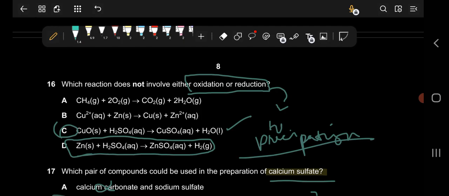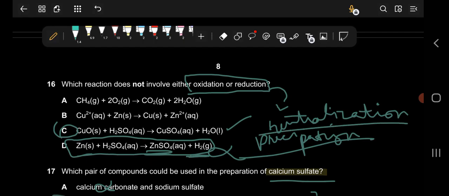Sorry. This one's not a neutralization reaction because you have a salt, but you don't have water over here. Yeah, I was correct. Neutralization reactions are never redox. Because look, over here, it's salt and water. And if you don't have salt and water, it's not a neutralization reaction.